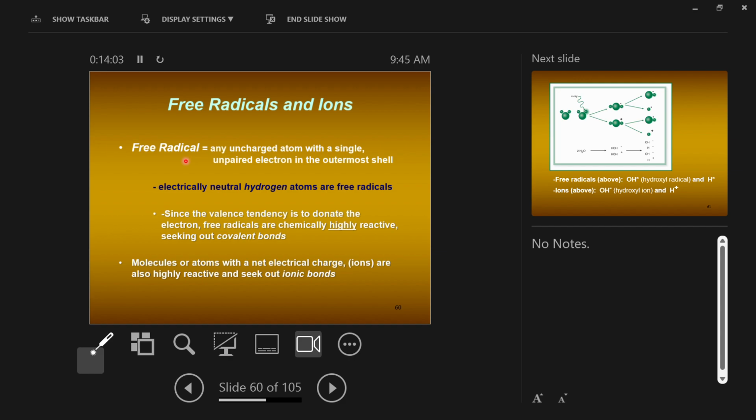All hydrogen is a positively charged nucleus and a single electron orbiting around the only shell of hydrogen, okay? One proton, one electron. This is a little hydrogen atom, simplest atom, but hydrogen is considered a free radical when it's on its own, not attached to anything.